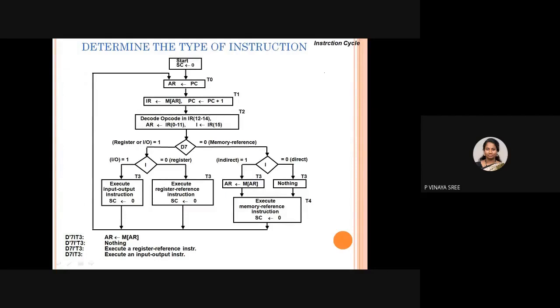But if it is indirect, what happens? If you go to that address, you will get one more address, and if you go to that address, you will get the data. So whatever we have in this address location, if you go to that, we will again get an address.